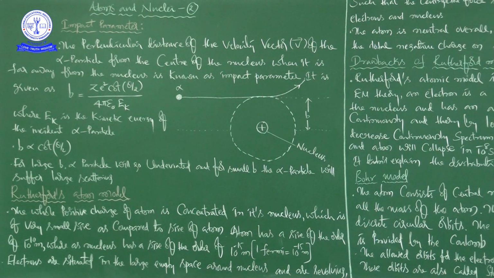Atom has a size of the order of 10 to the power of minus 10 meters, whereas the nucleus has a size of the order of 10 to the power of minus 15 meters.